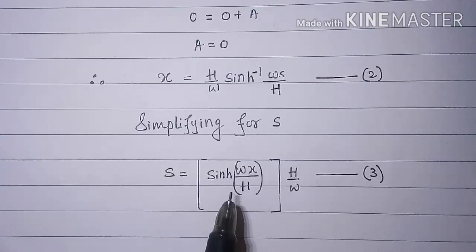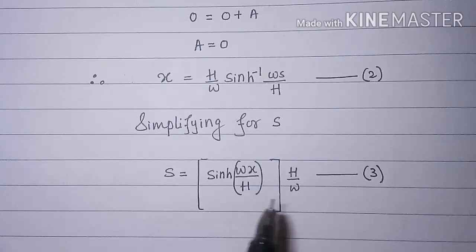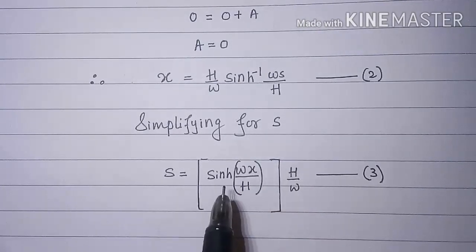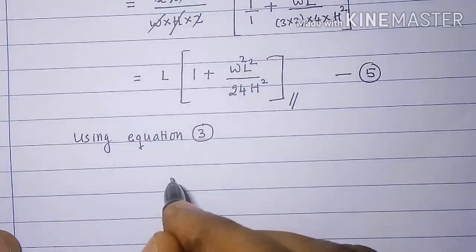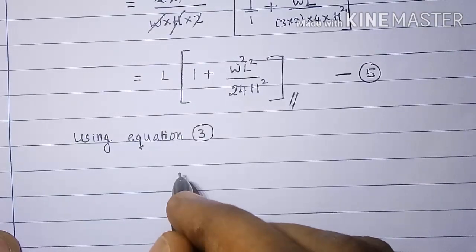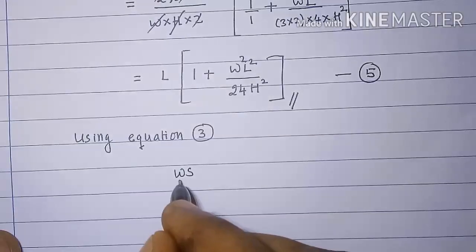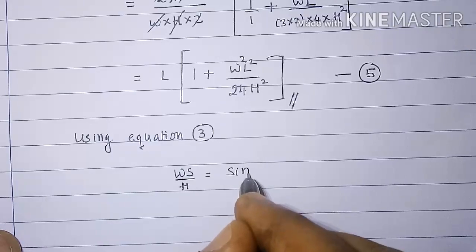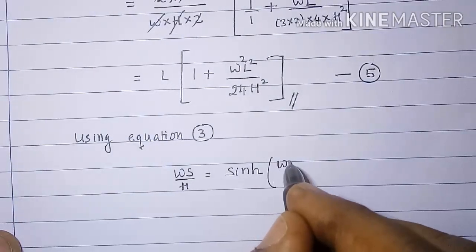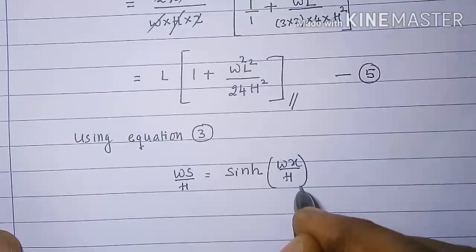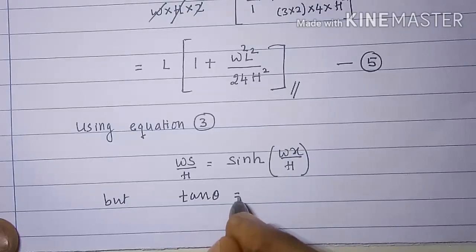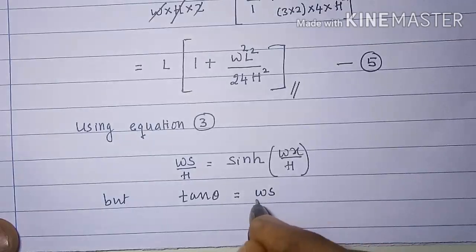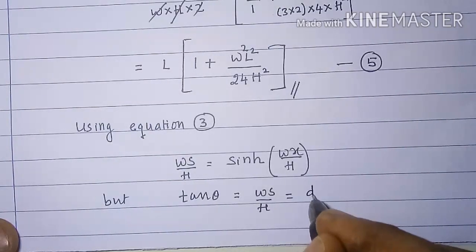We will write for sinh of wx upon h, that is w into s upon h is equal to sinh of wx upon capital H. But we have written for tan theta as ws upon h, and ws upon h is equal to dy by dx.